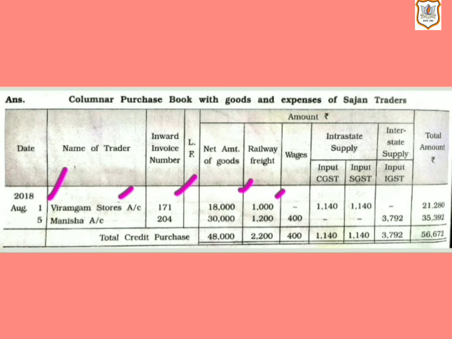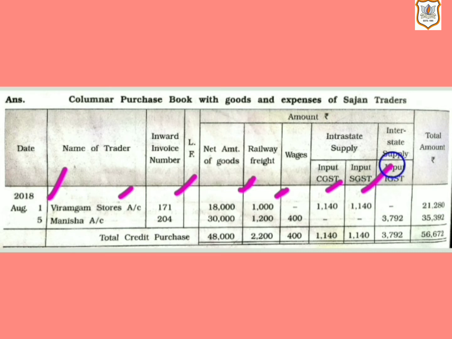That means 18,000, that is net amount of goods, plus expense, that is railway freight 1,000. That means on 19,000 we will calculate CGST and SGST. So 6% of 19,000 is 1,140, that is input CGST, and 6% again for SGST, that is 1,140.